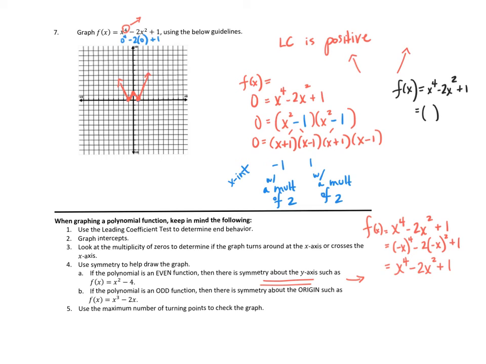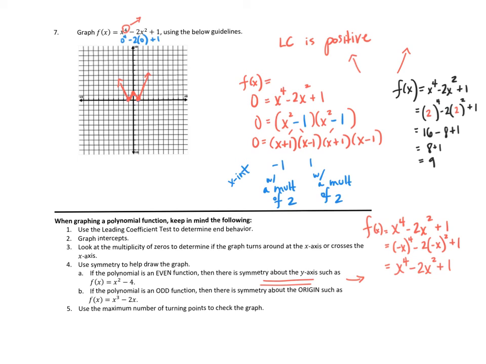I'm going to actually plug in a 2. So I have 2 to the fourth minus 2 times 2 squared. So 2 to the 4th is going to be 16 minus 2 times 4, so minus 8 plus 1. So I'm going to end up with 9.